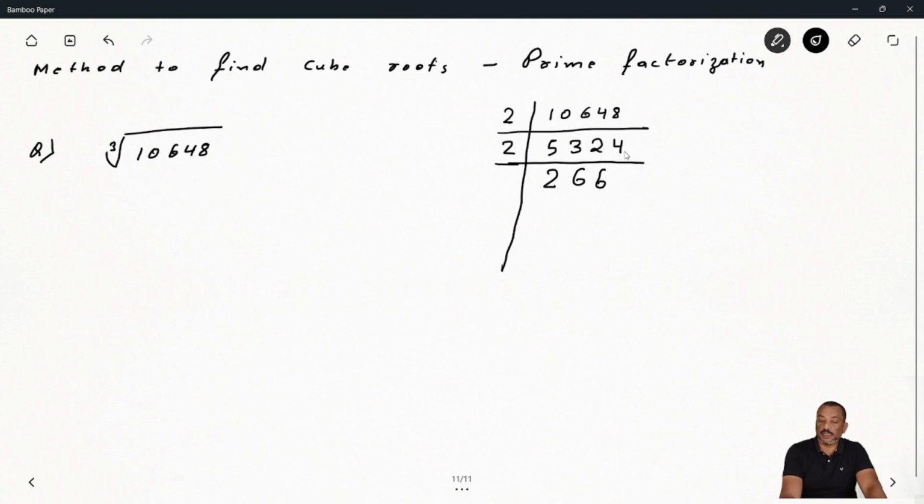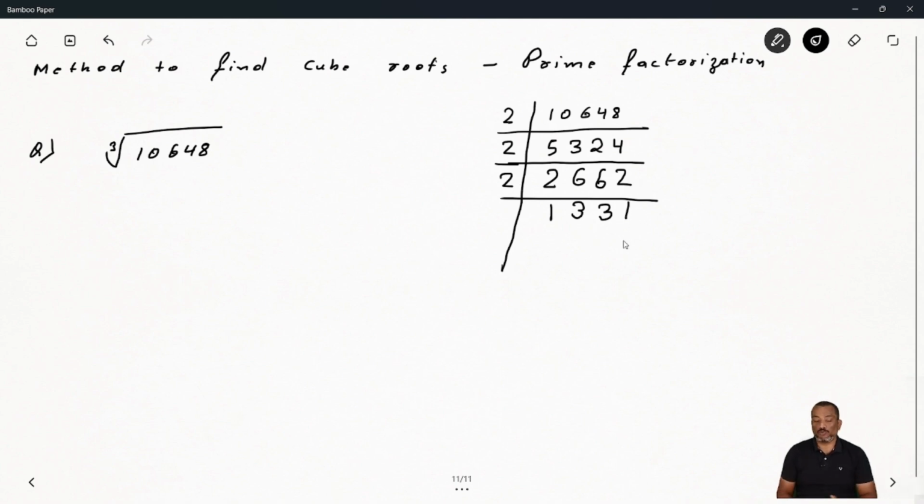Then again 4, remainder is now 0. So 4 divided by 2, you get 2. Again an even number, we can go with 2. So 2 divided by 2 is 1, 6 divided by 2 is 3, and this second 6 divided by 2 is 3, and the last 2 divided is 1.